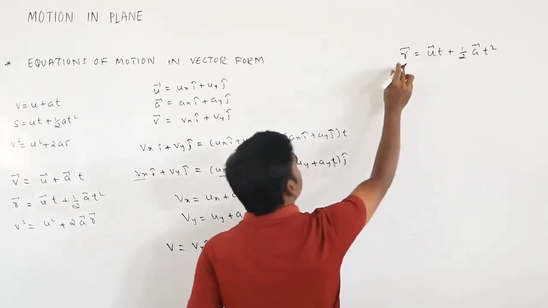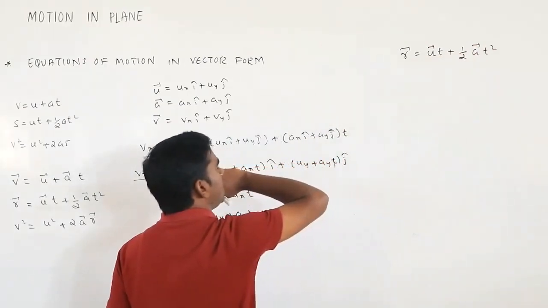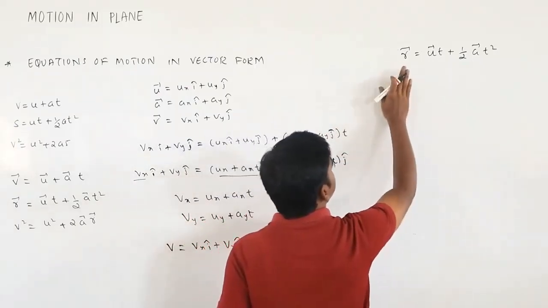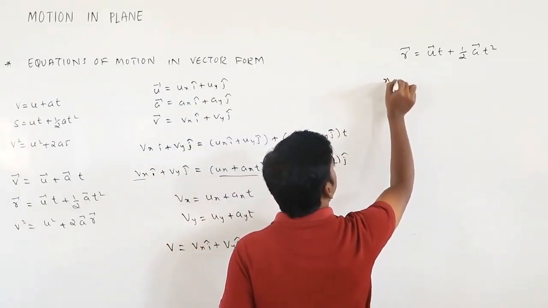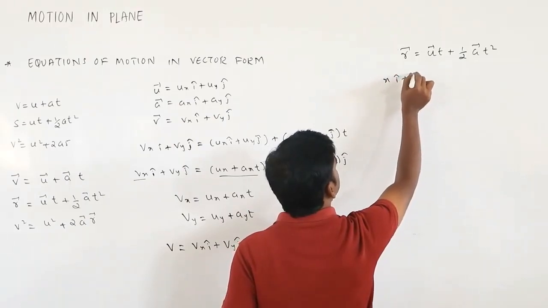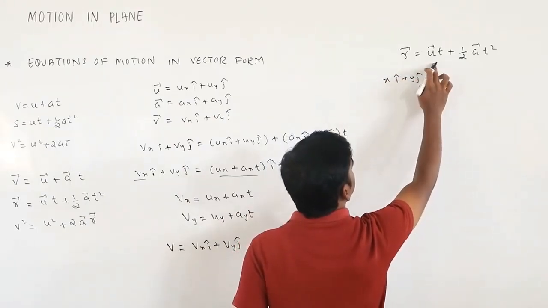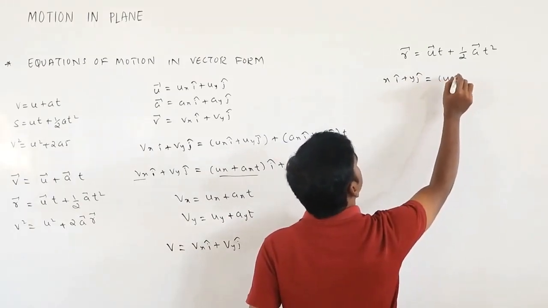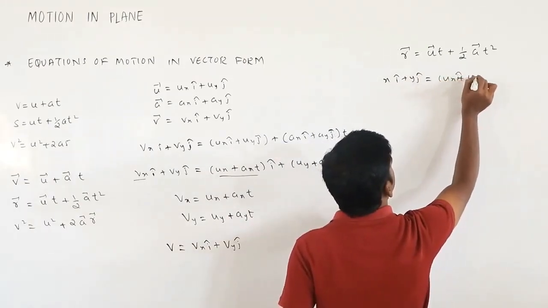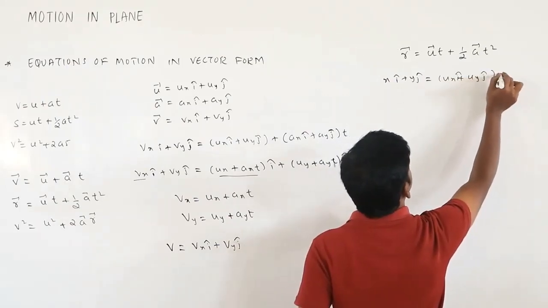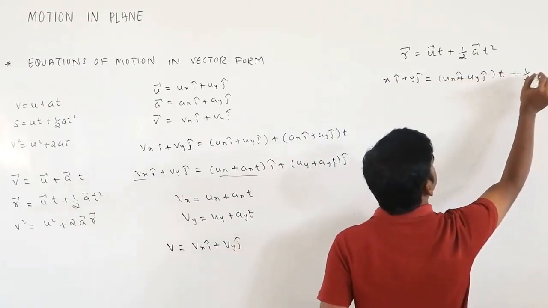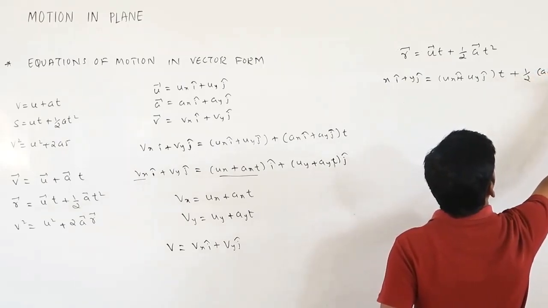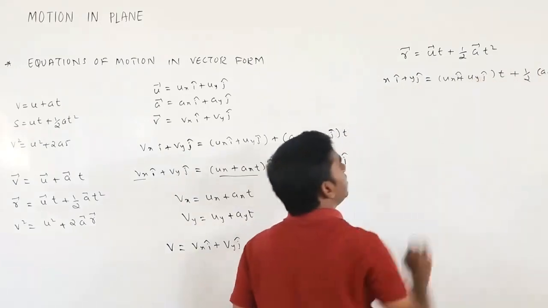For displacement r, you can write x i cap plus y j cap equals ux i cap plus uy j cap into t plus half ax i cap plus ay j cap into t square.